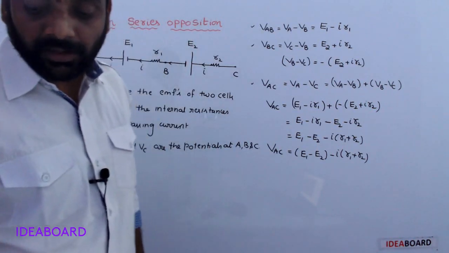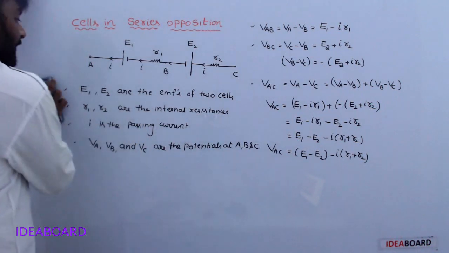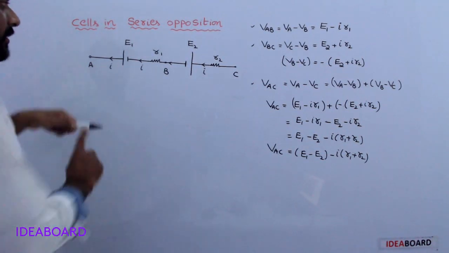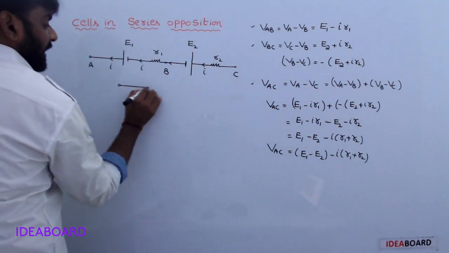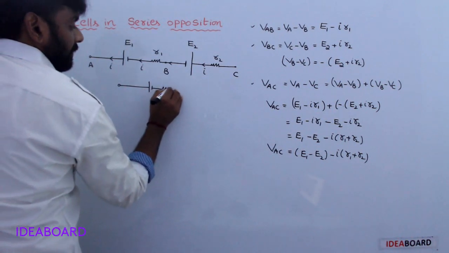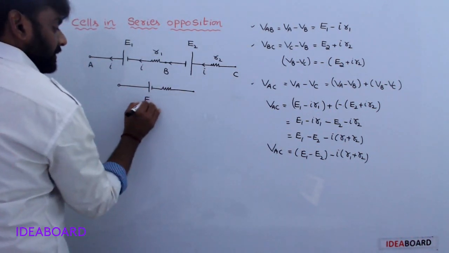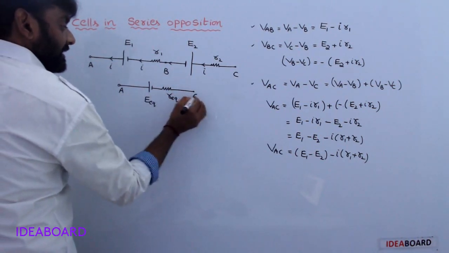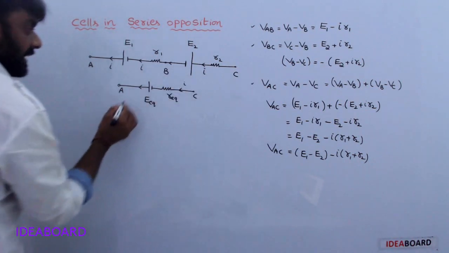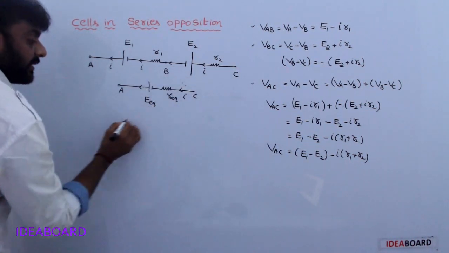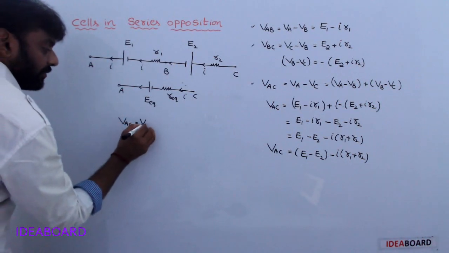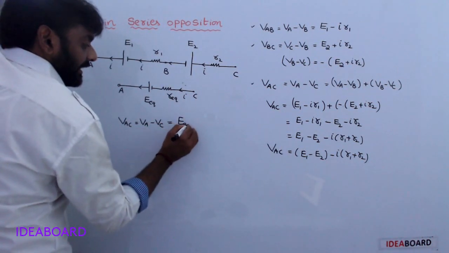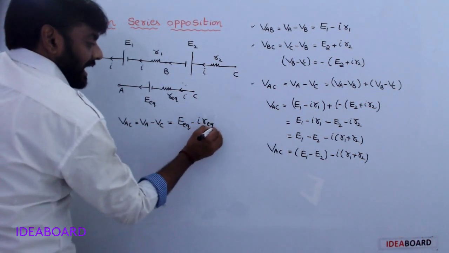Understood? Now imagine one equivalent circuit. Here between A and C, taking one equivalent battery with equivalent EMF. This is A, this is C, current direction I. VAC is equal to Va minus Vc, which is E equivalent minus I R equivalent.